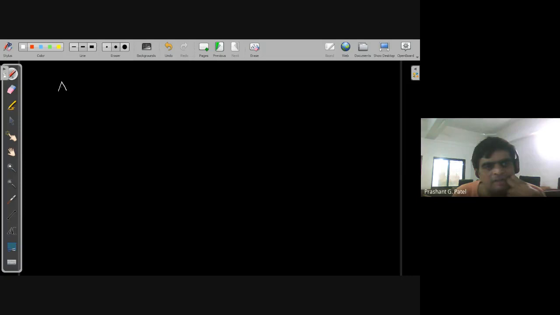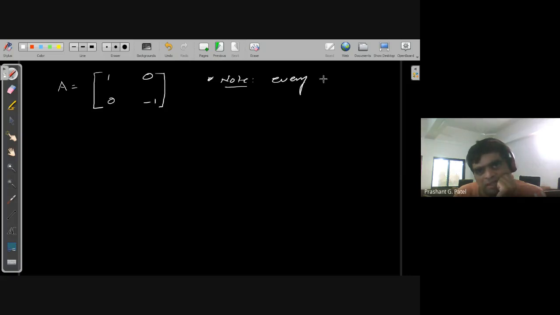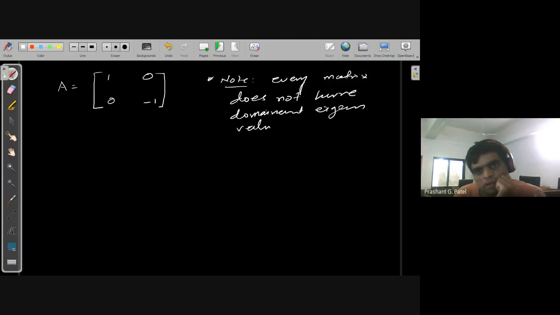For example, suppose I have a matrix A which is 1 0 0 minus 1. This is a 2 by 2 matrix. We should note a very important thing here: not every matrix has a dominant eigenvalue. Why?